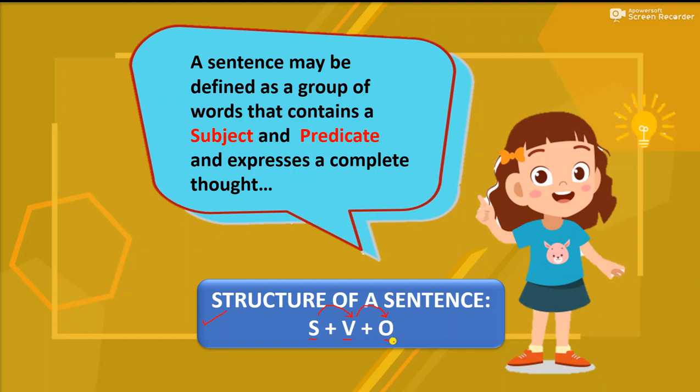So these are the three important parts of a sentence, and when they are arranged in this order, they give a complete meaning to that sentence. So students, please remember the framework of any sentence is: first comes your subject, followed by the verb, and after the verb finally we have our object.